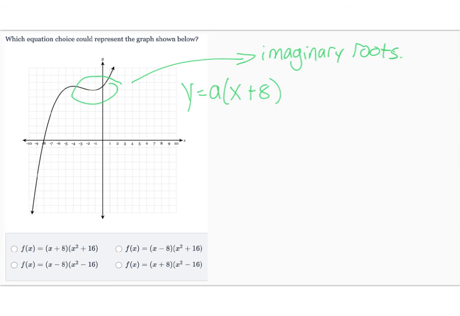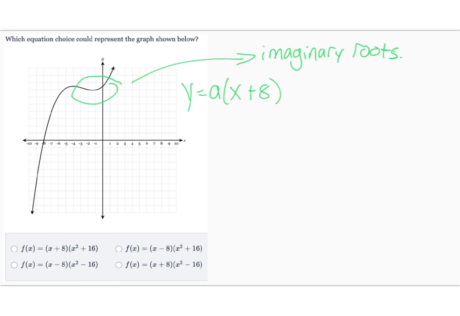It's really hard to predict what those values would be. However, when we have a graph that should have, in this case, 3 zeros, 3 x-intercepts, but we never come back down, graphically, that's what happens when we have imaginary roots.